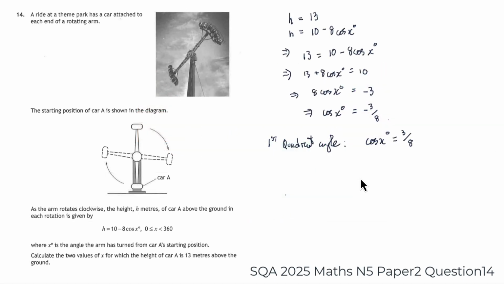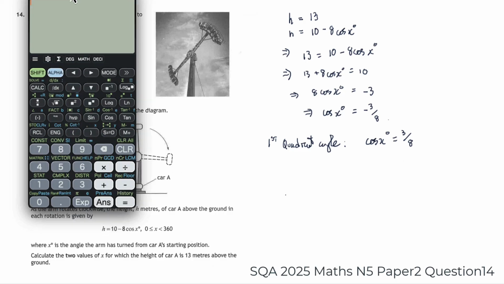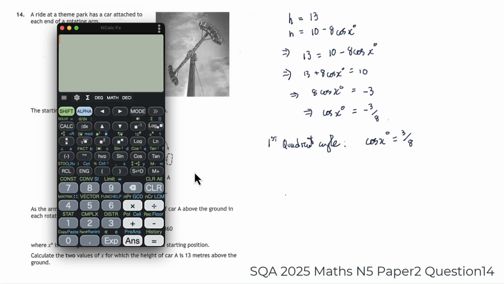So let's solve this by using the calculator. And to solve an equation like this, we don't use the cosine button. We're trying to get rid of this cosine and just find what x is. We would use the inverse of cosine on both sides. So the inverse of cosine on this side would vanish that. We're left with x equals the cos to the -1, or the inverse cosine, of 3/8.